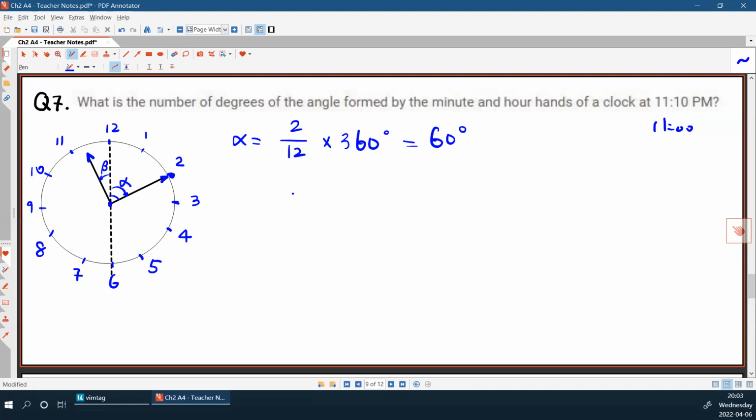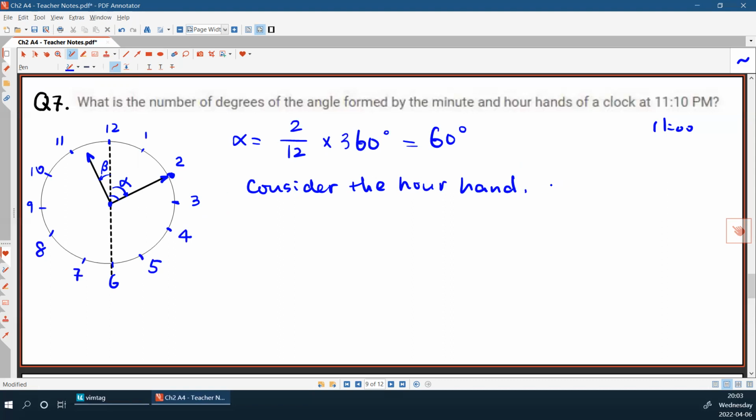Okay, so if we consider the hour hand, it travels all the way around the clock in 12 hours, right? One round is 12 hours.